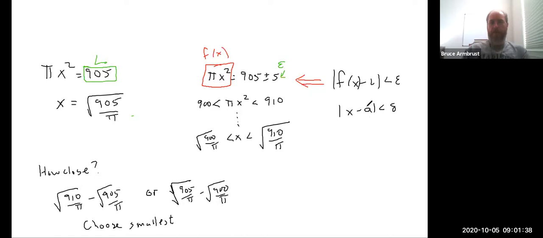Well, a is an x value that we're plugging in. And it's the x value we plug in to get our limit. And so that's this guy. That right there is our a. And so then delta, remember delta is how far away can we be from that a? And that's this. So whatever we calculate is the smaller of these is our delta.